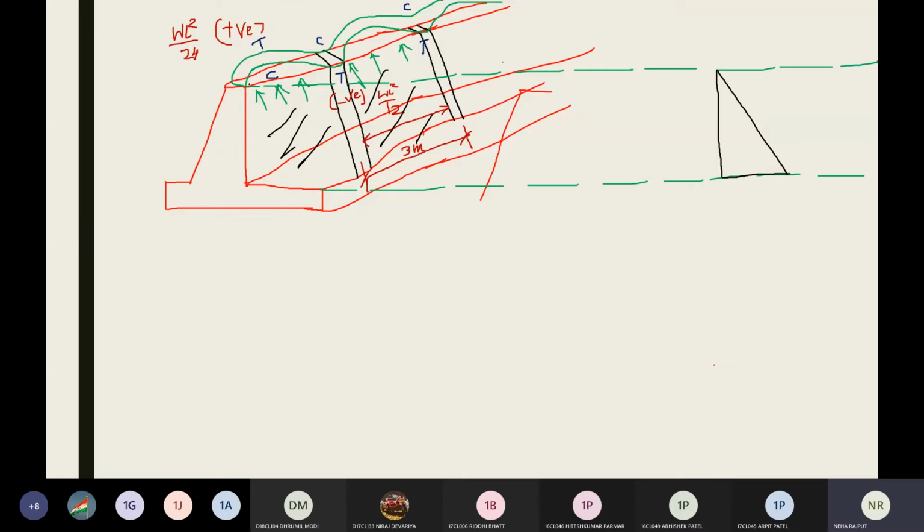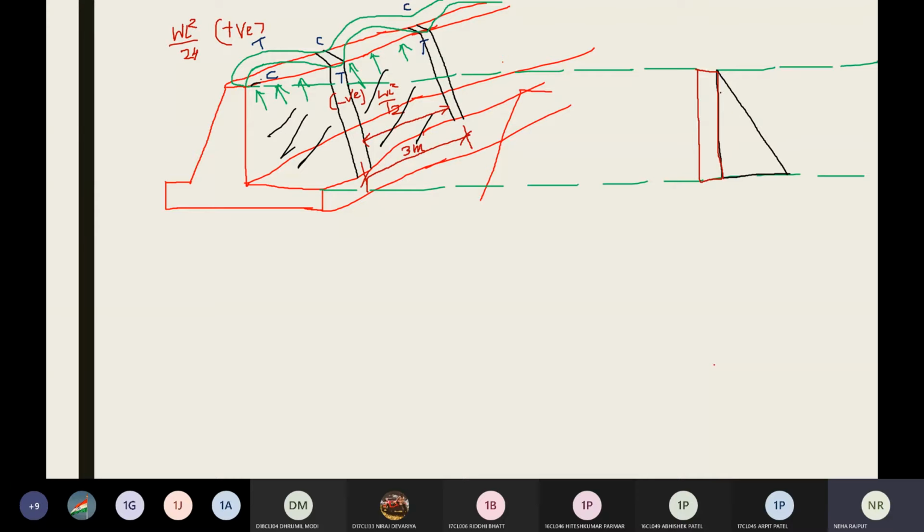And above that backfill, surcharge load is there. So due to surcharge, the diagram will change, and that change you can show as the surcharge pressure diagram, and surcharge is constant throughout the height. So this rectangle is the surcharge pressure.